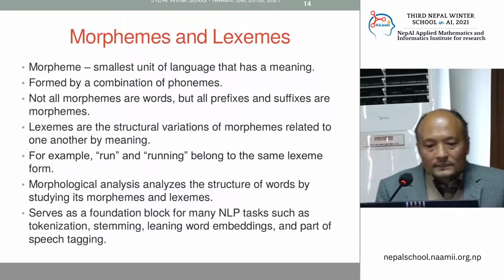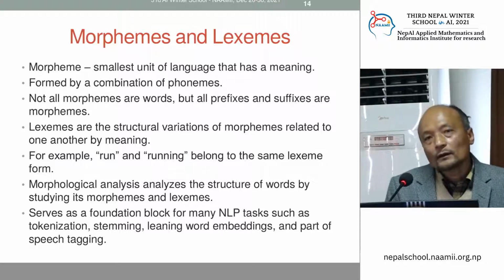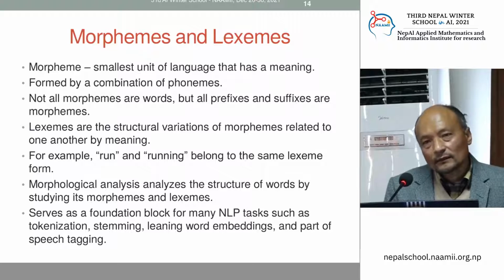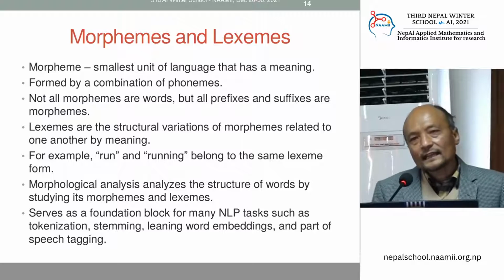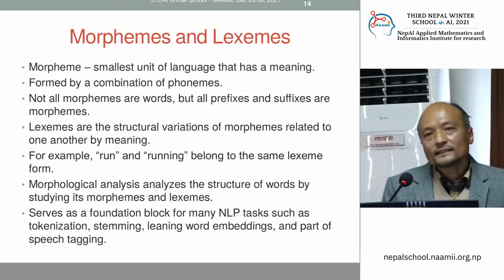So this morphological analysis is very important for applications like the search engine. Earlier we were giving an example about information retrieval. Because there are different forms of the same word: S-I-N-G sing, S-O-N-G song, S-U-N-G sung, S-I-N-G-I-N-G singing. All of these words refer to the word sing.